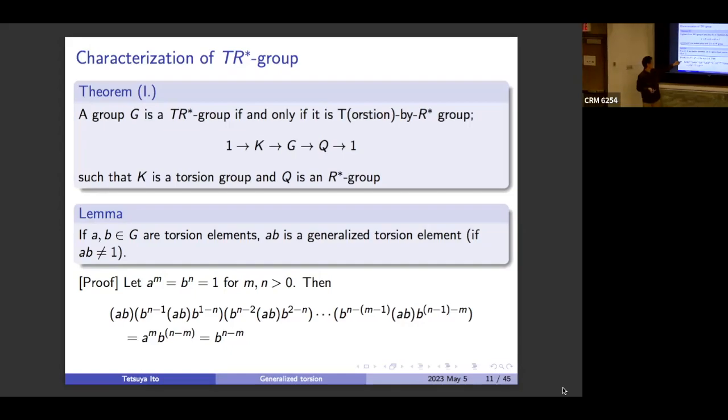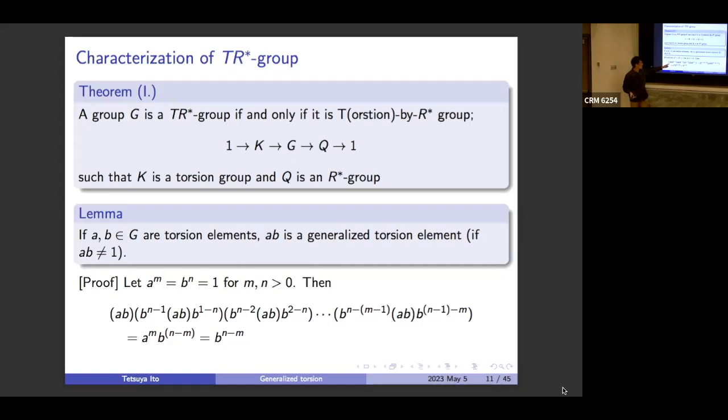Assume that a to the power n and b to the power n are equal to 1, then consider the product ab and a suitable conjugate of ab. The trick is that this part becomes b to the power n, so they cancel.